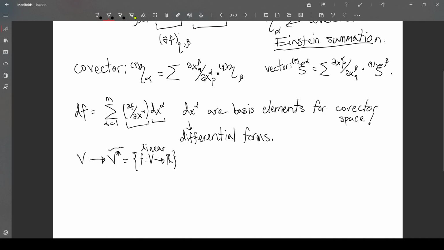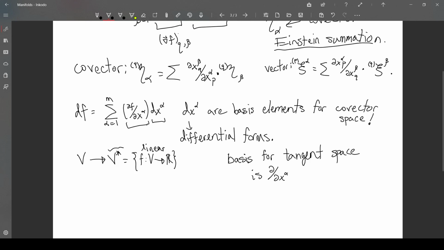Because remember, the basis for tangent space is the partial derivatives.